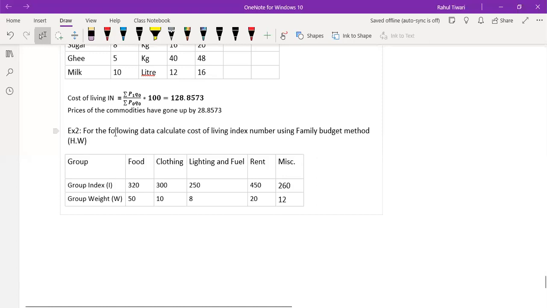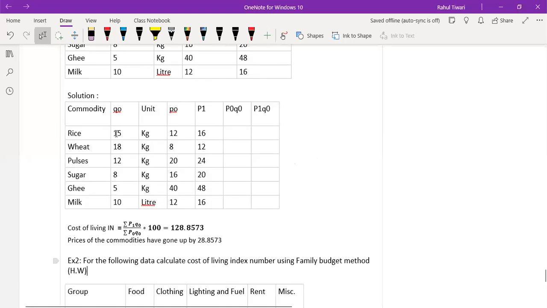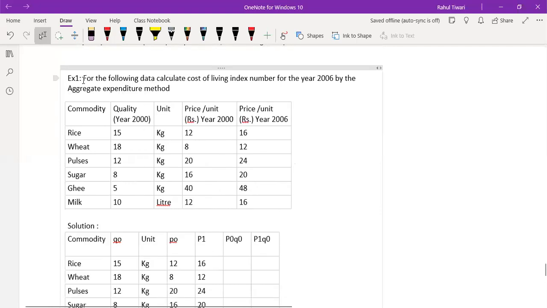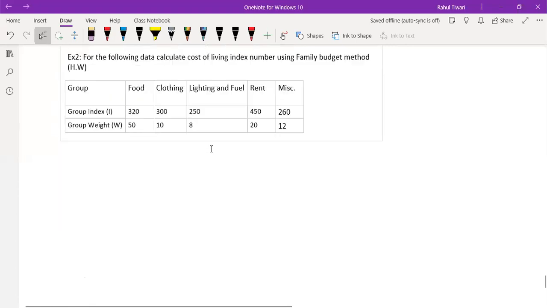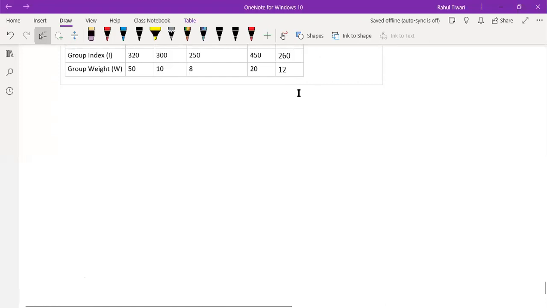Then we have another type of example. Example number 3.